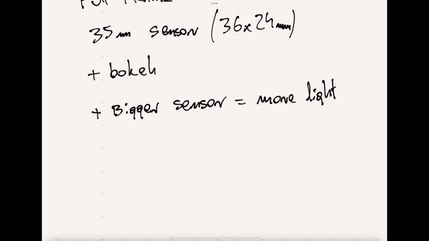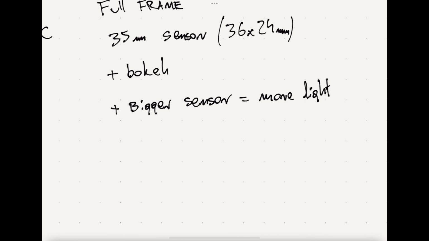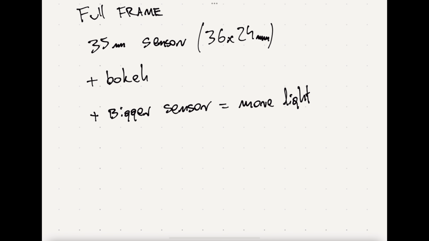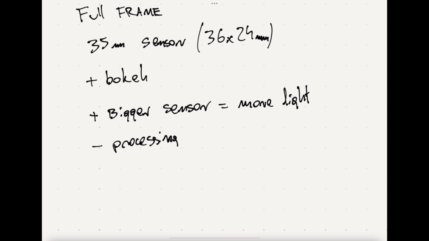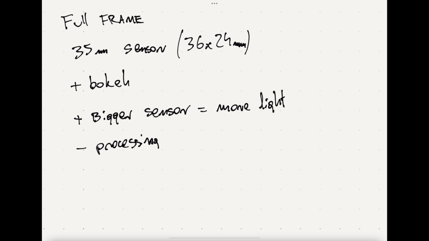It has a bigger sensor, which means more light, so better work in dark environments. So full frame gobbles light without any problems. And these can be slower at processing as the files are way bigger. So they will also take up way more space per picture than APS-C.